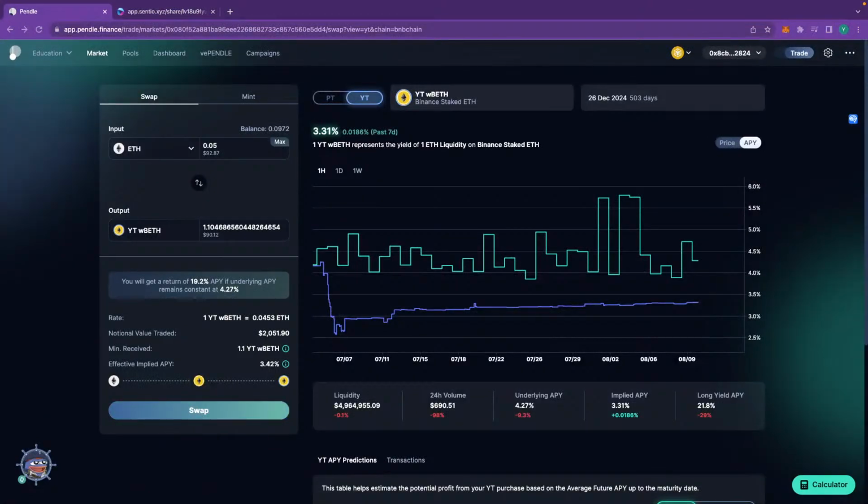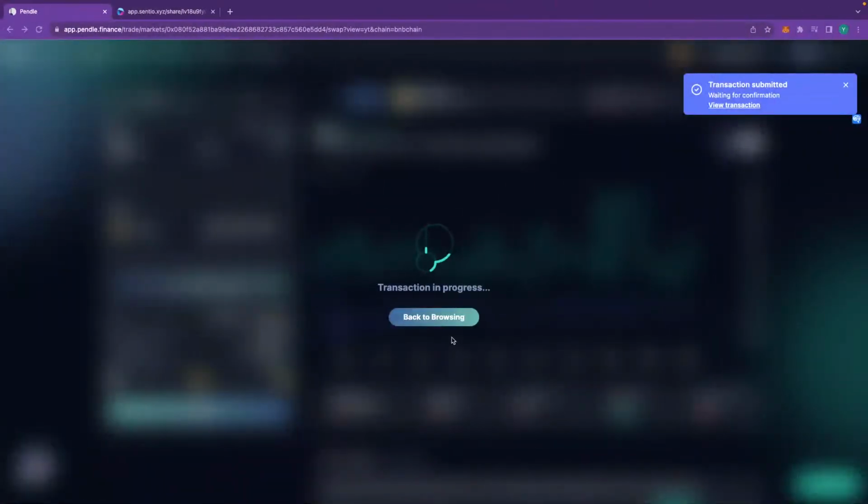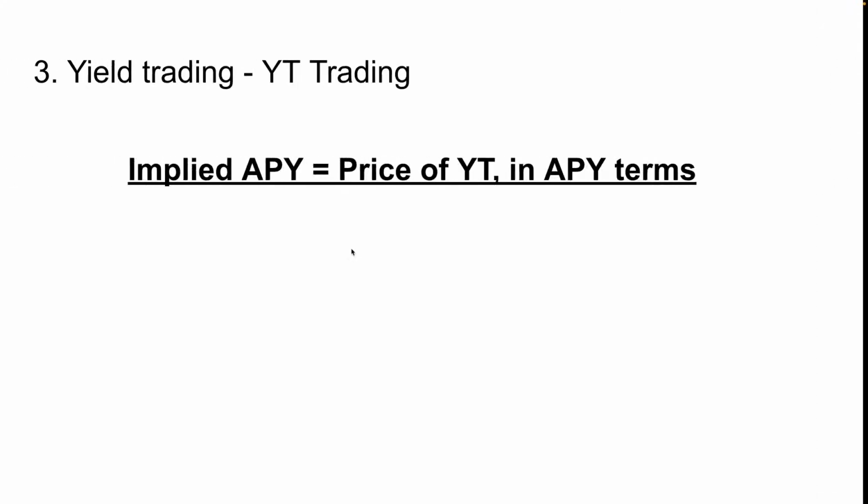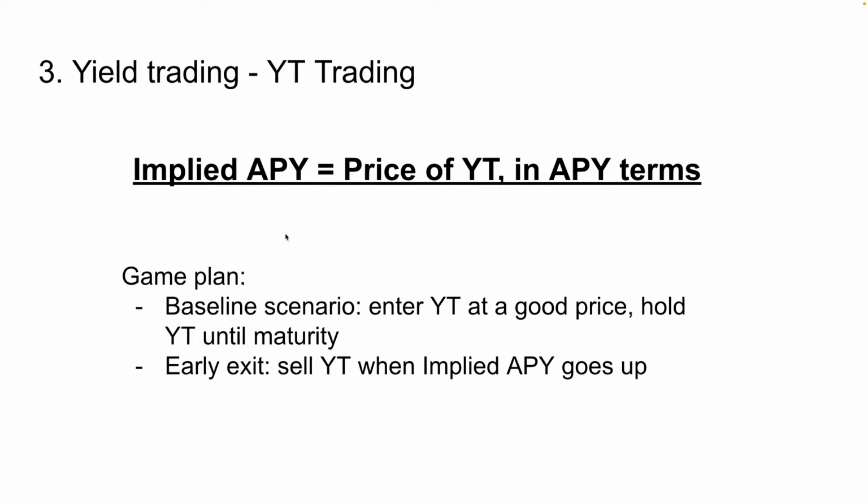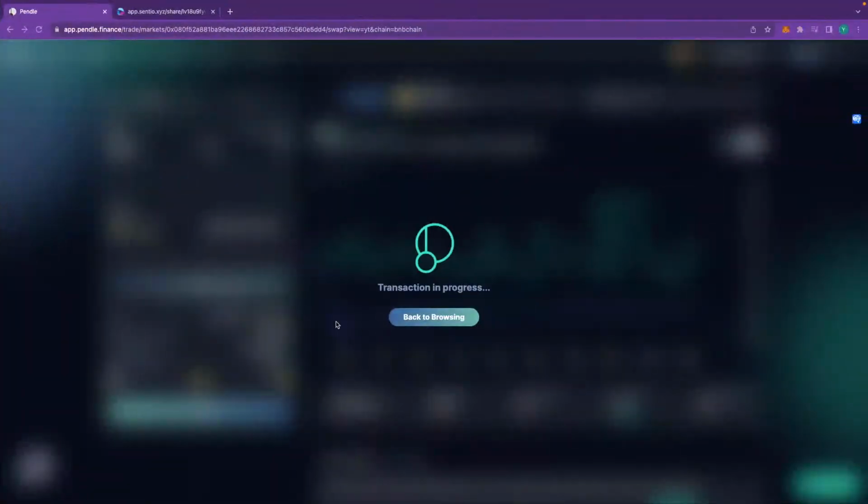Okay. Now let's talk about the overall game plan for YT. Okay, let me just do this trade first. So for the game plan for YT trading, the baseline scenario is to enter YT at a good price, right? And hold it until maturity. Exactly what I did just now.